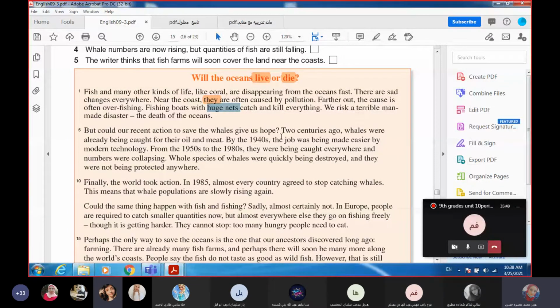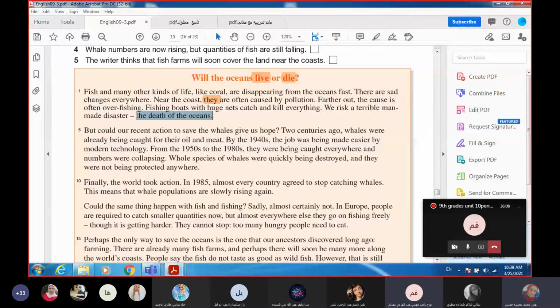What do you mean by risk? Risk means danger, to face danger. Trouble. What do you mean by trouble in English? Problem. No, awful. Yes, awful. Man-made disaster, the death of the ocean. All of these disasters cause what? The death of the ocean, due to pollution and overfishing. Come on, paragraph number 2, Farah.